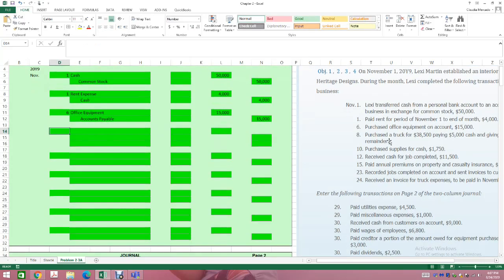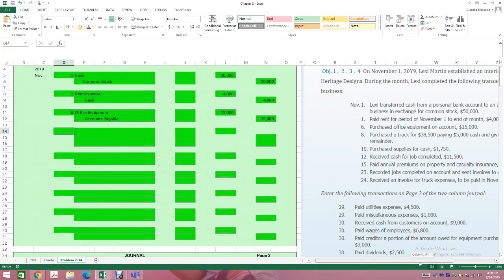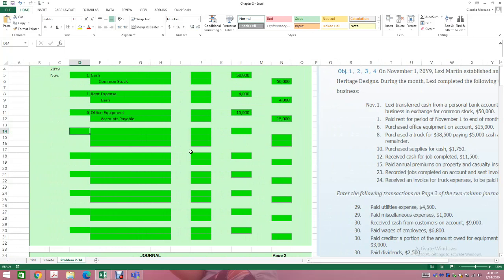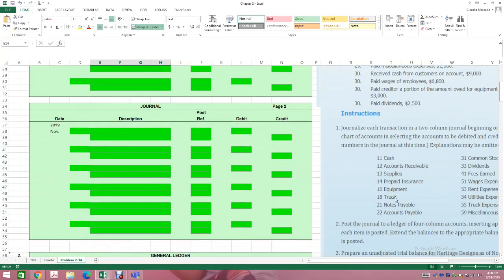Then what else happened? On the 8th, you purchased a truck for $38,500. You paid $5,000 cash, and you're gonna pay the rest in payments. So you bought a truck. This is a little bit tricky because it includes 3 accounts. So the first thing is what did you buy? Well, you bought a truck. Do we have an account for a truck? Yes, we do.